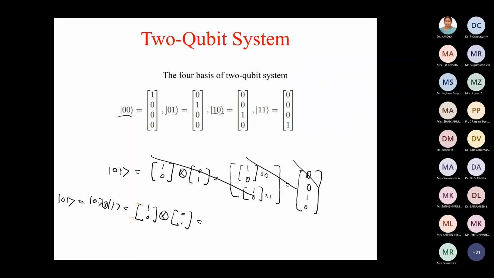Anyone can help me? First time 1 is multiplied with this thing, so it will be 0, 1. Second time 0 is multiplied with 0, 1, so it will be 0, 0.